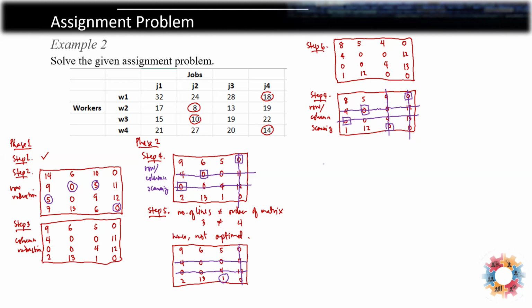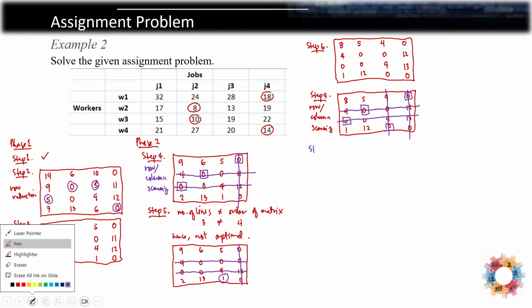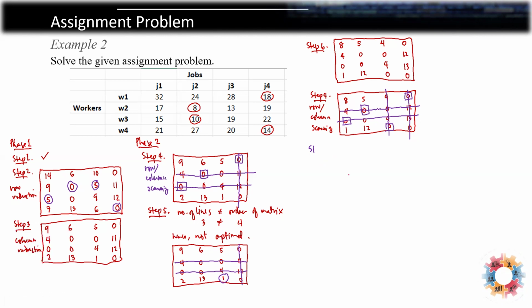Now, we'll proceed to step number 5. Step number 5 is the optimality test. We will compare the number of lines to the order of the matrix.